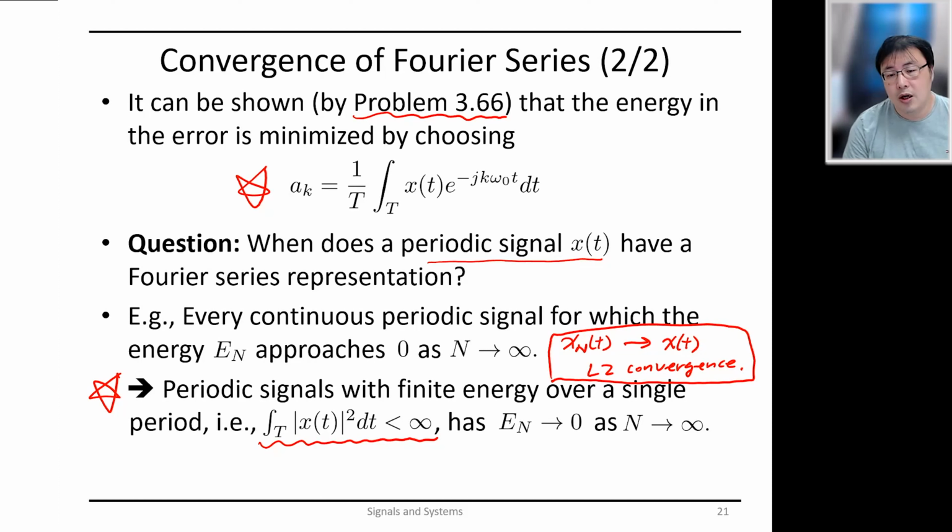Okay, so if you're looking at the convergence in the sense that the error energy goes to zero for these two signals, then you can say that the Fourier series representation exists for all periodic signals with finite energy over a single period, right? So this already includes almost all signals that we would be interested in.